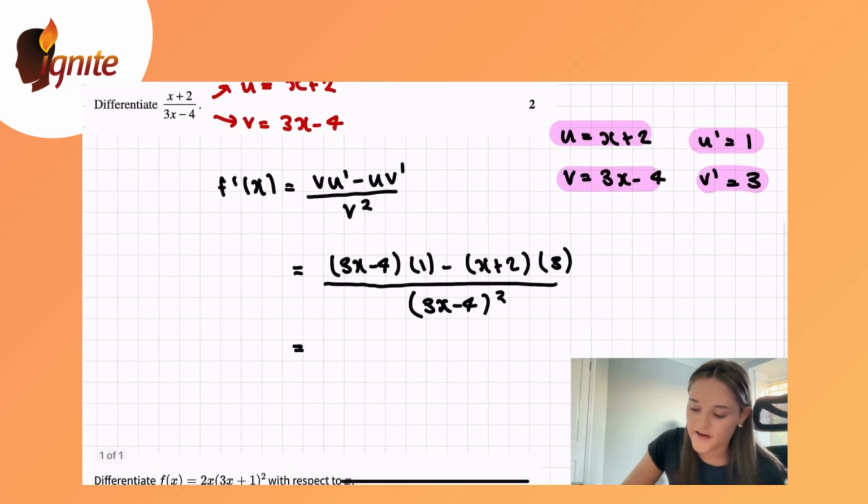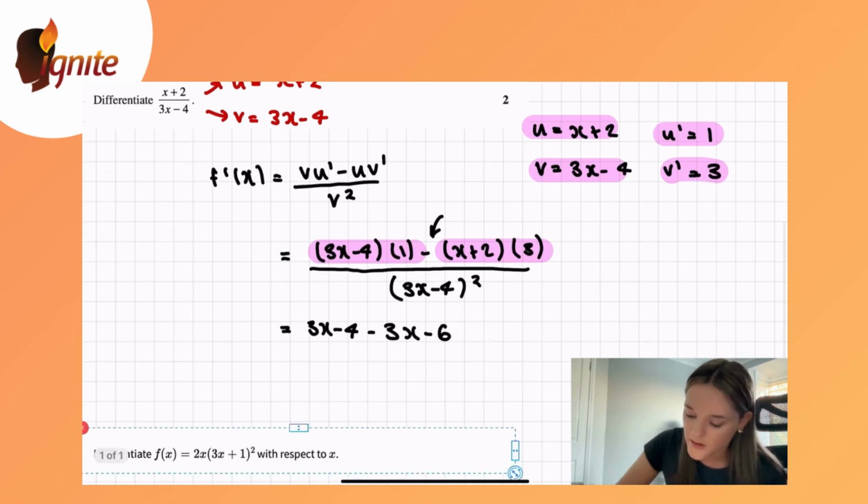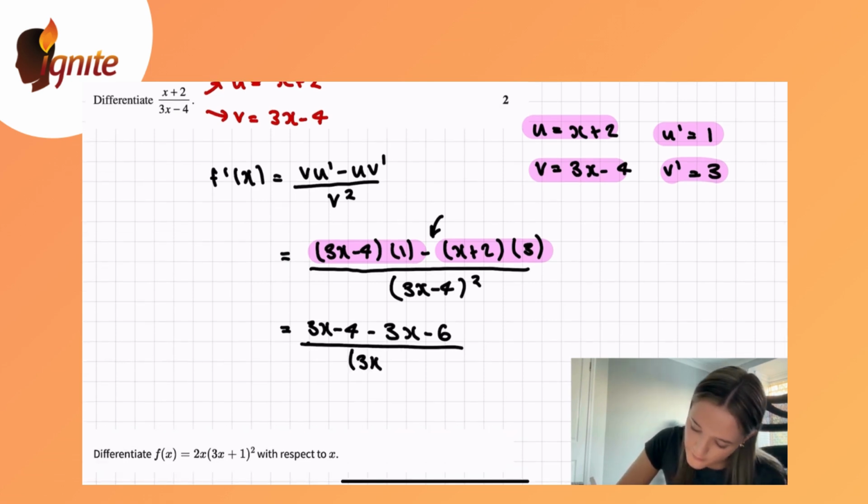Simplifying this across, we just have 3x minus 4 times 1, which is just 3x minus 4. Then we have negative 3 times (x plus 2), so that becomes negative 3x minus 6, so being careful of that negative there, all over my same denominator, (3x minus 4) all squared.